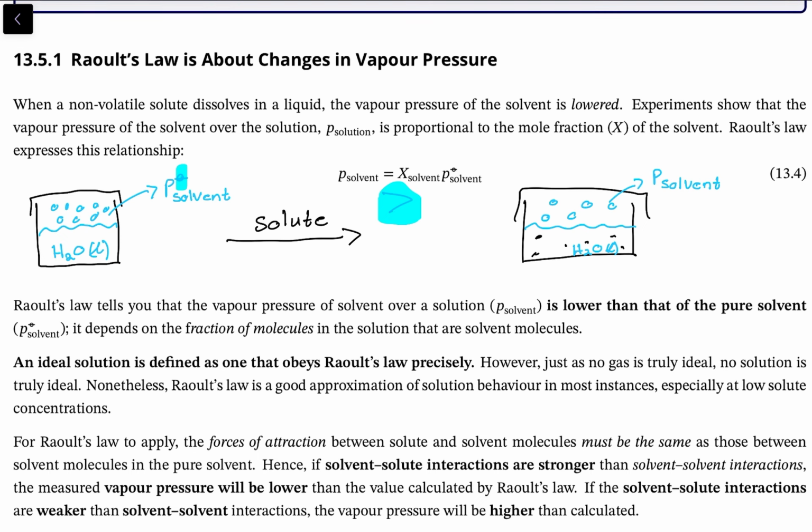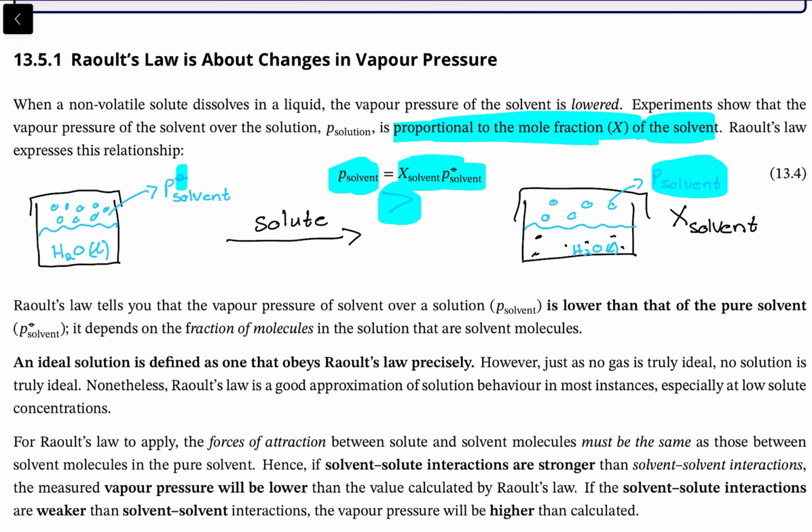All right. Now, how do we calculate this effect? The vapor pressure of the solvent is proportional to the mole fraction of the solvent. So you take the mole fraction of the solvent, which you can calculate, and you multiply this value with the initial value, and that will then give you the vapor pressure of the solvent after you've added the solute.